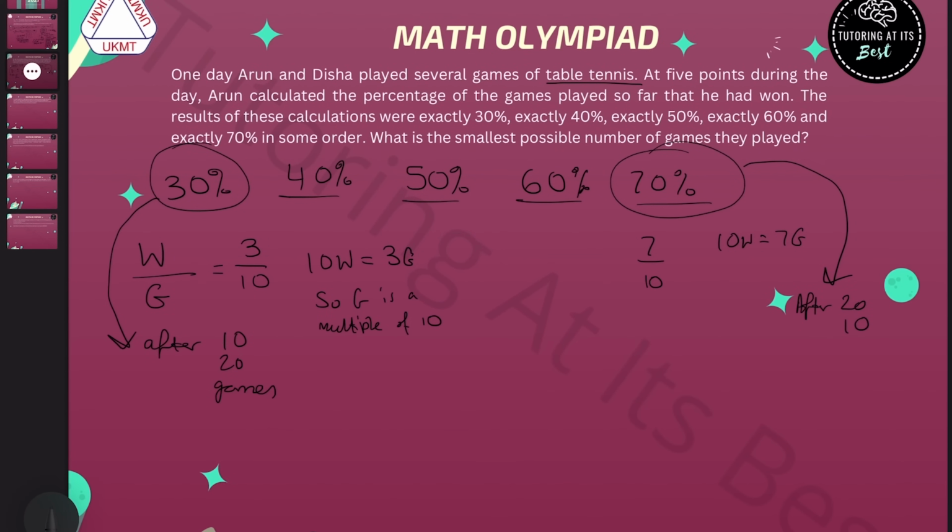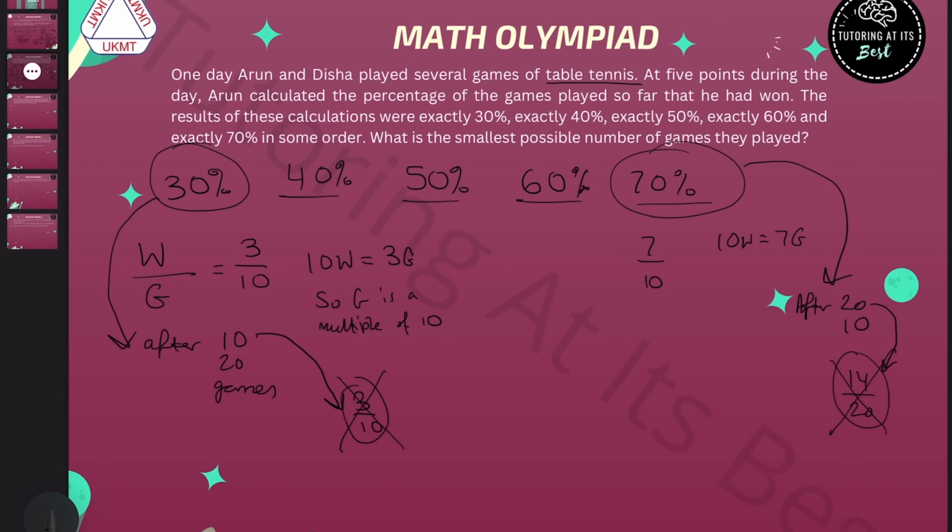To get 30% after 10 games means that Aaron must have scored 3 out of 10. And to get 70% after 20 games, he must have scored 14 out of 20. That means that between the 10th game and the 20th game, Aaron has to win 11 of those 10 games, which is silly and not possible. So we can forget 3/10 and 14/20.